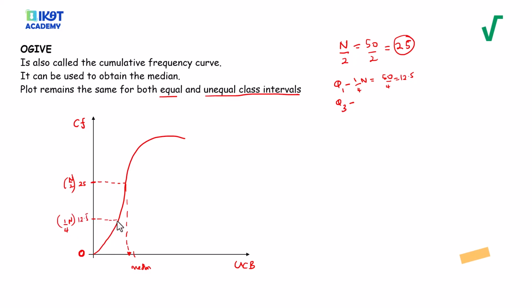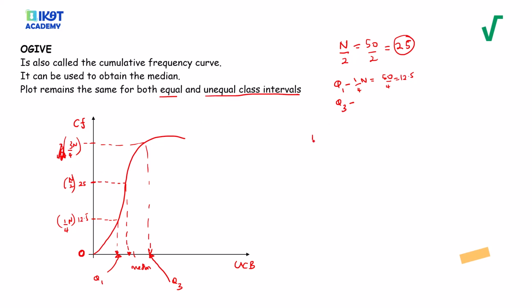We look for it, extrapolate, and the value you get is Q1. Same thing for 3 out of 4 of n: you find it, extrapolate, and the value you get is Q3. That's how we use an Ogive to find the median, the lower quartile and the upper quartile.